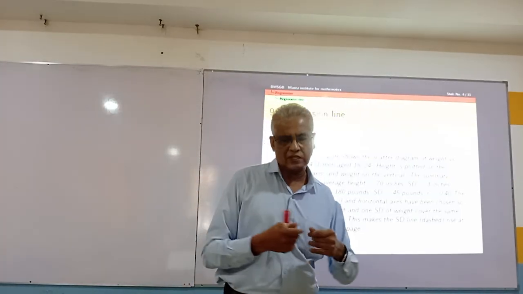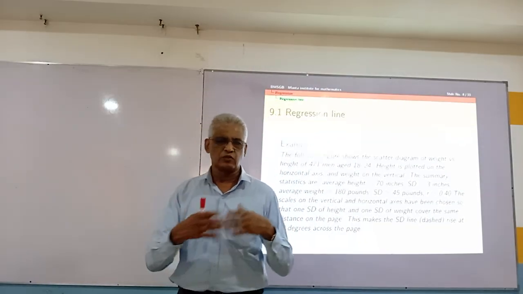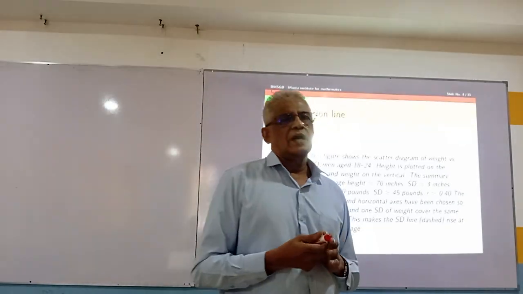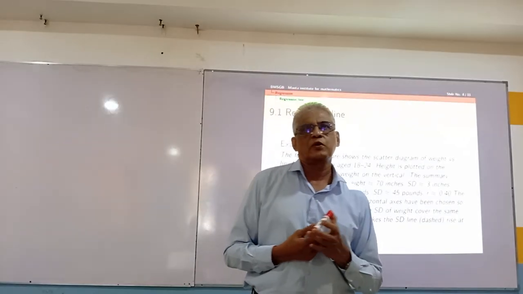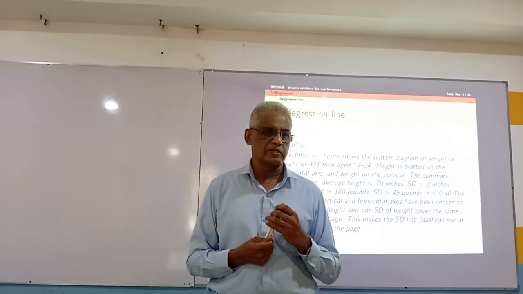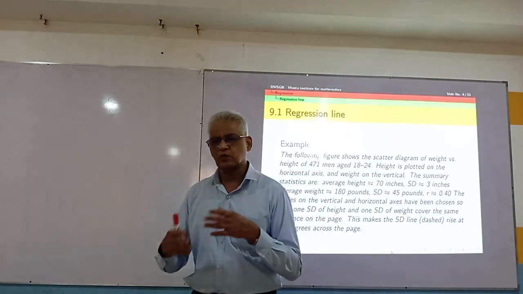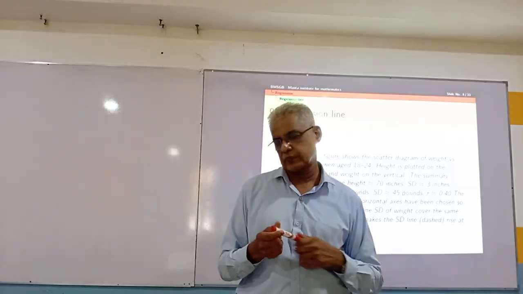Especially in a regression setting, we want to be able to predict something using another variable. When you talk about the correlation, it is not important to talk about which variable is the independent variable and which variable is the dependent variable. You can take any as independent and dependent, correlation will still be the same.